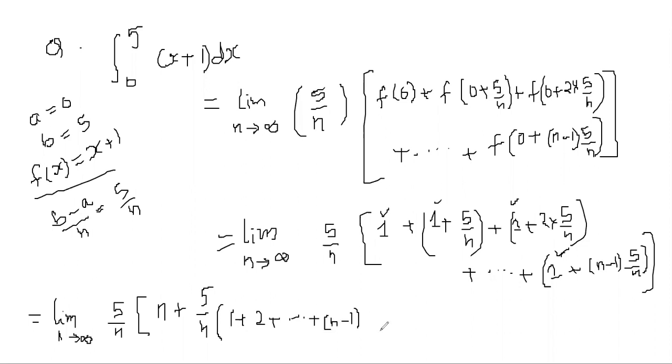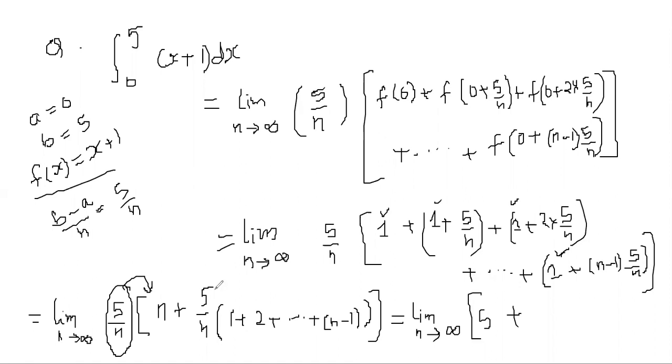So sequence and series we have all studied. Limit n tending towards infinity. This is 5, because when you are multiplying by 5 by n inside, n will cancel, you will get 5. And what else you are getting? Another term plus, here 5 into 5, 25 by n square.